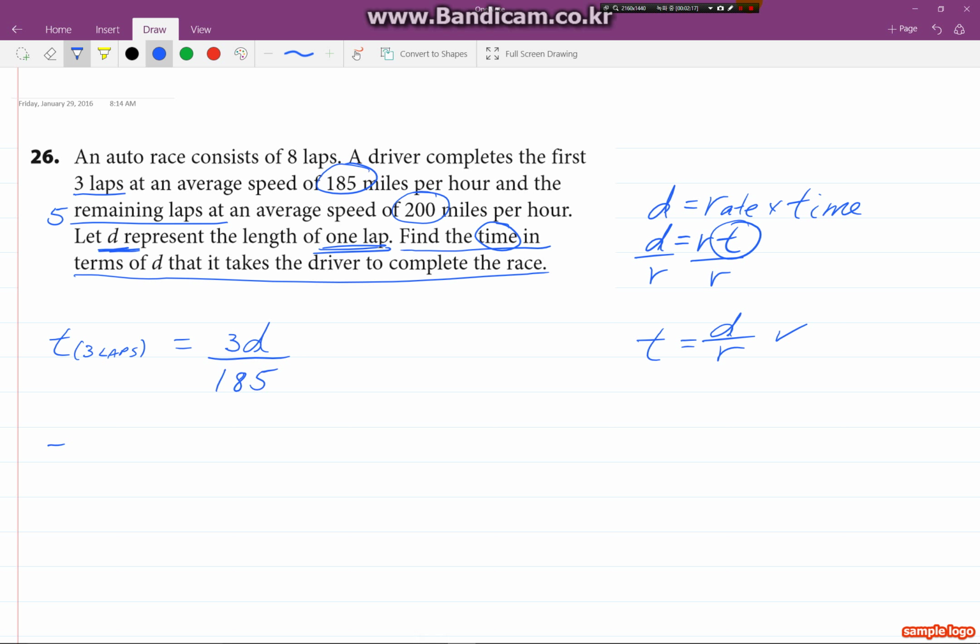And then the time for the remaining laps, which are 5 laps, will be what? 1 lap is 1D, 5 laps is 5D, divided by, this time, a speed of 200 miles per hour.